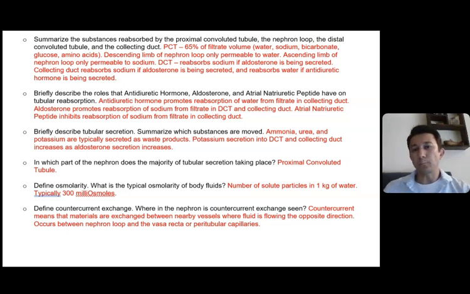So although aldosterone helps to promote the reabsorption of sodium from the filtrate back into the bloodstream, it's also going to promote the secretion of potassium from the blood into the filtrate, and this is actually okay, just because typically we need more sodium, specifically in the extracellular fluids of our body, and we don't need quite as much potassium.